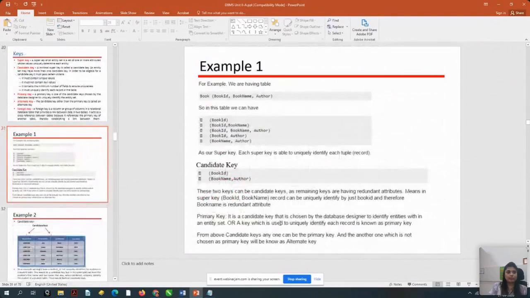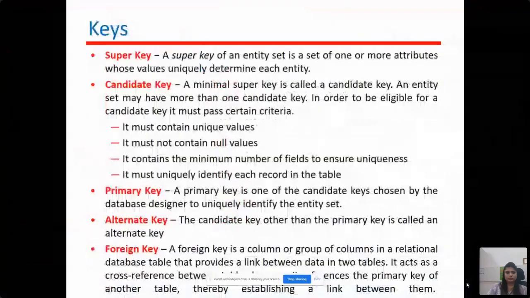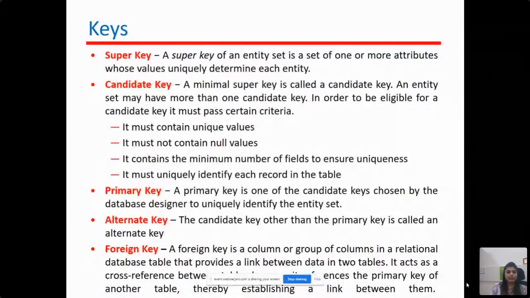Now, next comes the keys. We have various keys. I'm continuously talking about the primary key, but we have other keys also: super key, candidate key, primary key, alternate key, and foreign key. A super key of an entity set is a set of one or more attributes whose values uniquely determine each entity.